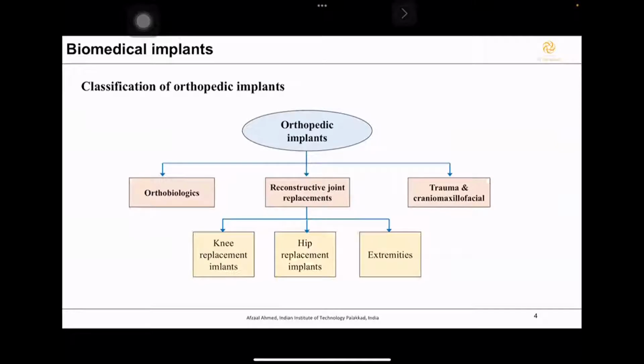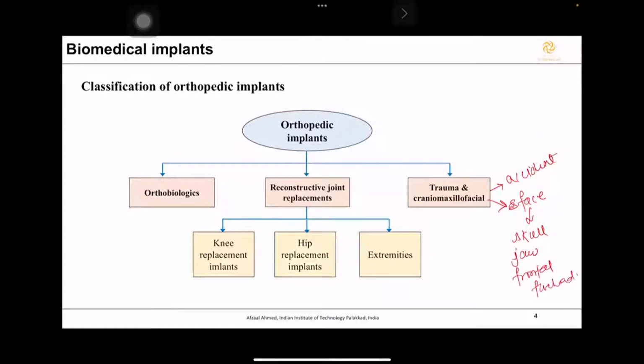So these craniomaxillofacial implants basically means the implants needed after an accident. Because these are trauma-based implants, and craniomaxillofacial is basically related to your face, which includes your skull, the jaw of the patient, and the frontal forehead.